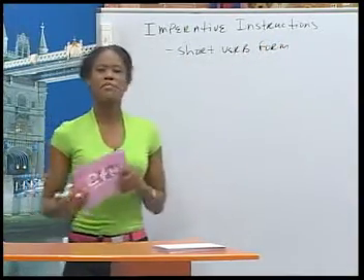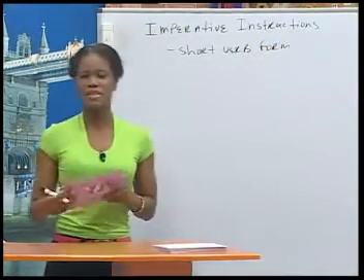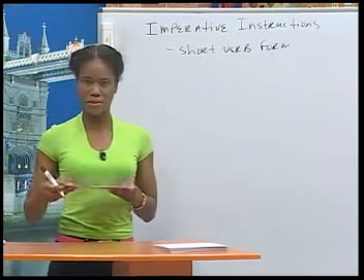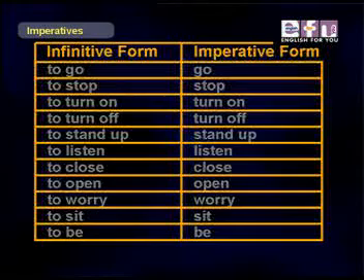Okay, let's look at some common verbs that we use in imperative instructions. Take a look at your screen. The infinitive form of the verb, meaning the simple verb form with to at the beginning. For example, to go. In the imperative form, we drop the to and it's just go.